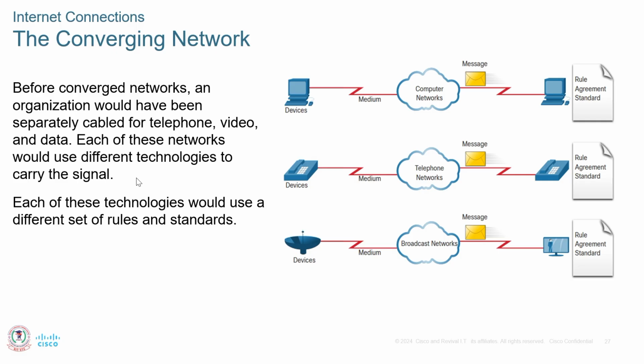Each of these networks would use different technology to carry the signals. A convergent network implies a technology where a particular medium can carry voice and data in a particular way.